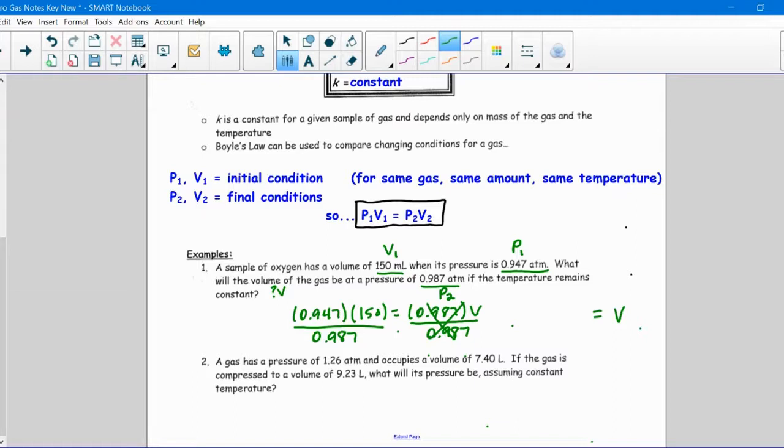And I get an answer of about 144. But no answer in chemistry is complete without having a unit. So I want to think, what are my units for volume? And because my units for volume in the problem were in milliliters, that's what my units are going to be here. So my answer is 144 milliliters.